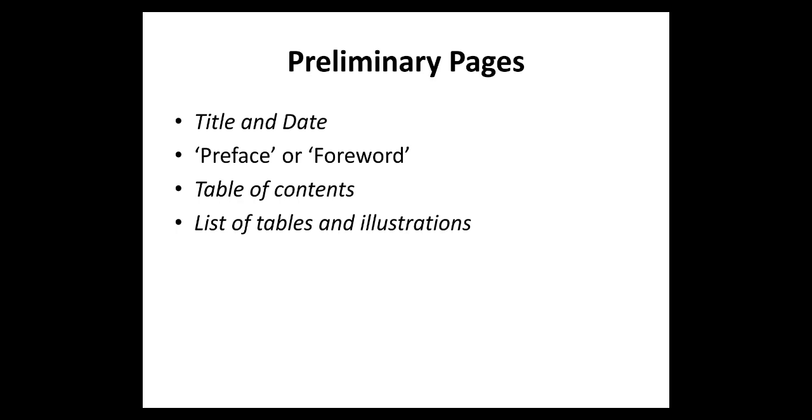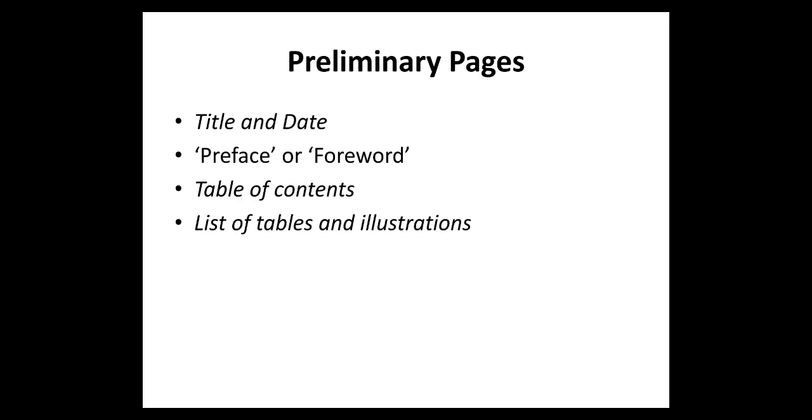Also, we should mention in the preliminary pages the table of contents, and the list of tables and illustrations. In the list of tables, you mention how many tables there are, their table numbers, and the titles of the tables, etc. So that the decision maker or anybody interested in reading the report can easily locate the required information in the report.